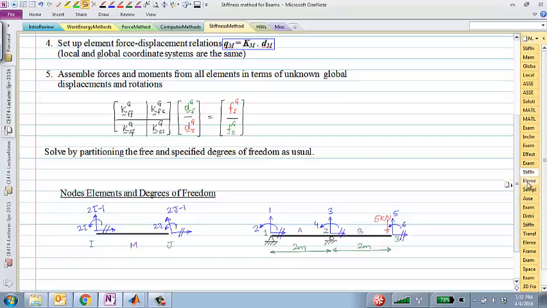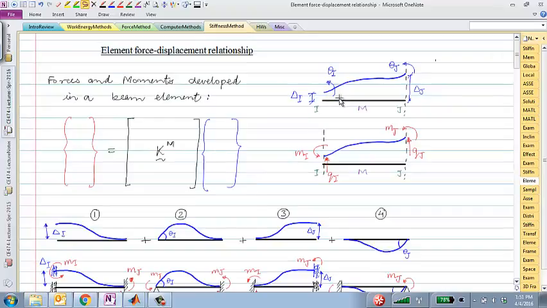Now, in contrast to the positive sense of degree of freedom, let me ask you this. This Mi is something that I would call a positive moment, right? This moment is pointing in the same direction as this rotation, which is the positive sense for the degree of freedom.